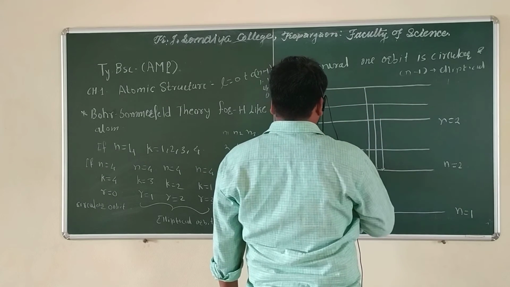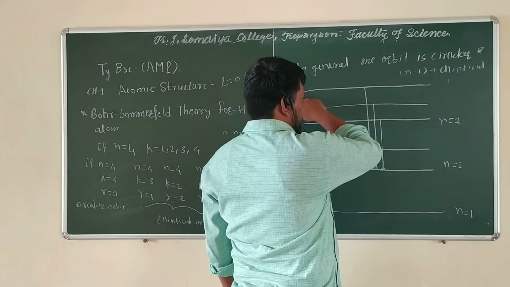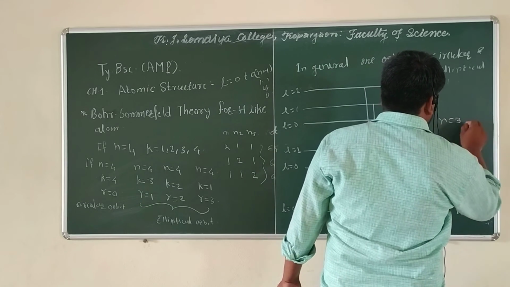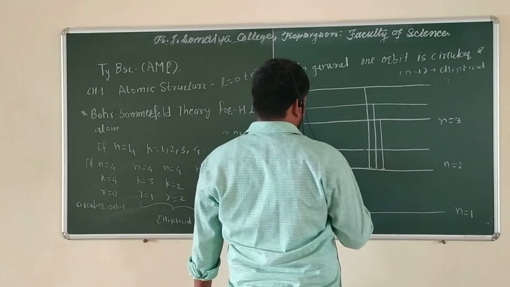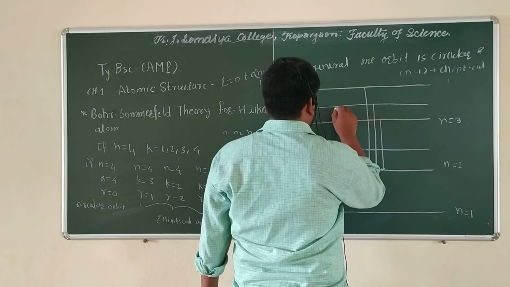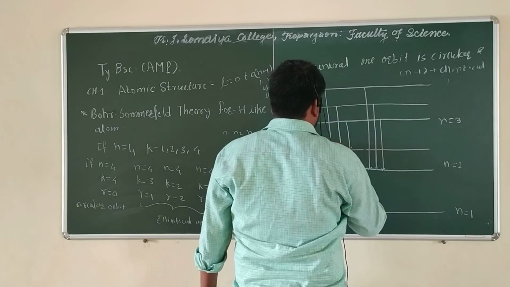And if we consider L is equal to 1, the transition of the electron is from principal orbit n is equal to 3 to n is equal to 2, so we consider 0 to 1, 1 to 1 and 2 to 1.